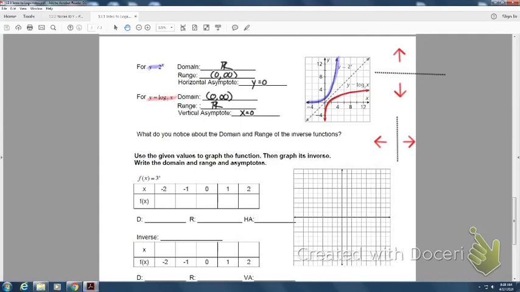So whenever you look for the vertical asymptote on this, you're going to look at the c value. Minus 2 moves it to the right 2, so it's x equals 2. Okay, so there's a few similarities between the two, just few little tweaks. What do you notice about it? Just all the information is switched.